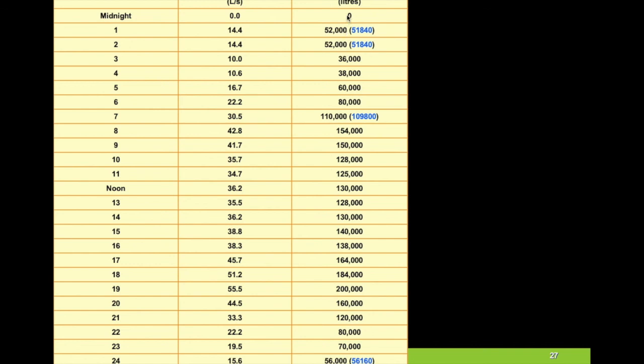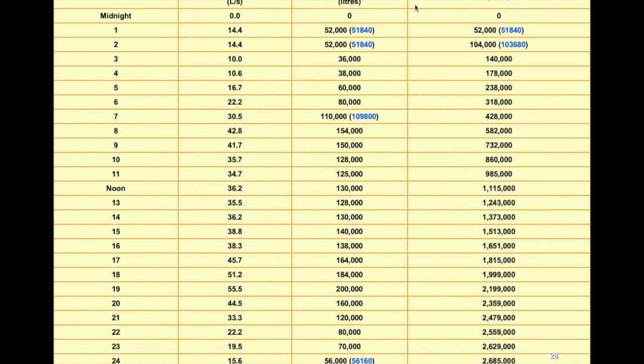And for the fourth column, this is the cumulative consumption. What do I mean by cumulative? We start with 0 at 12 o'clock, and then after 1 hour it is 52,000 liters of water. That's why the cumulative is 52,000 liters of water being used.